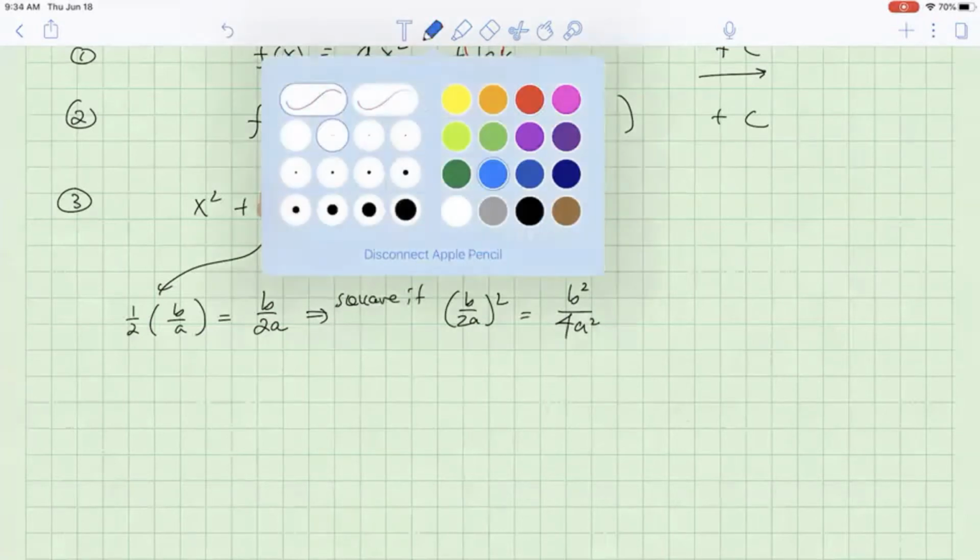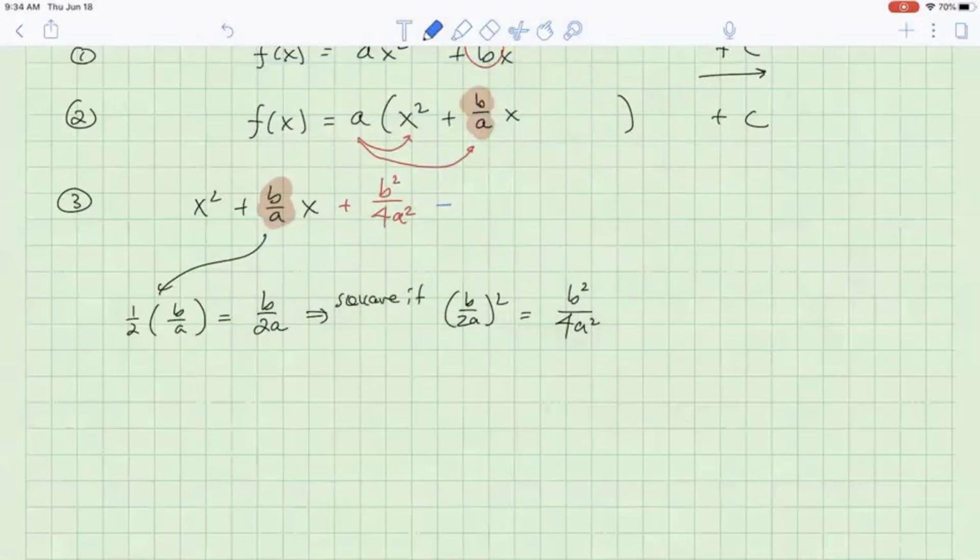But to keep the equation balanced, we have to subtract it right back out.